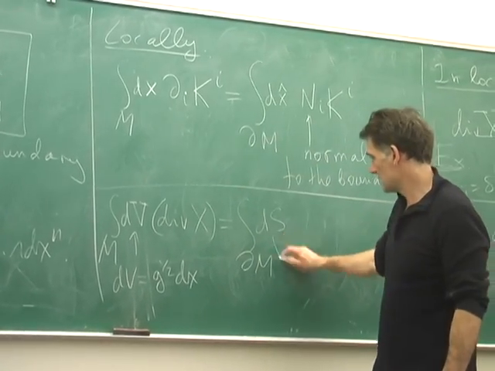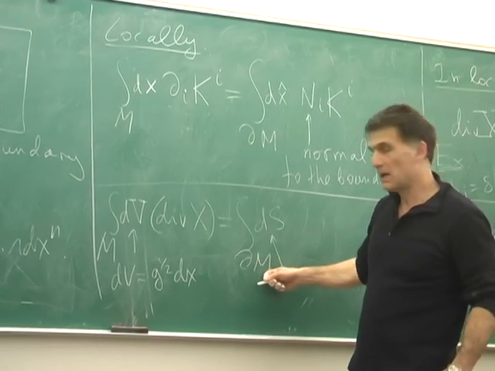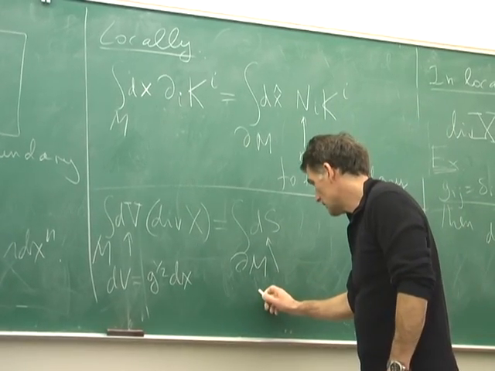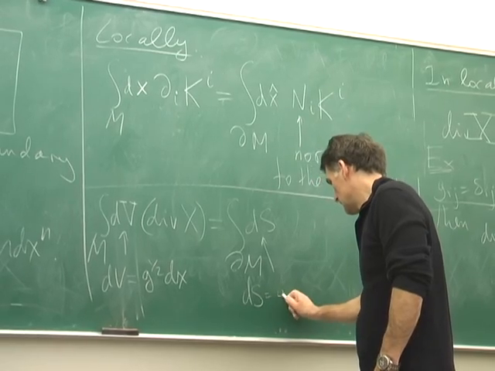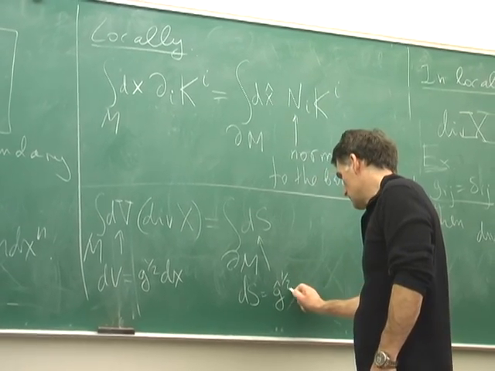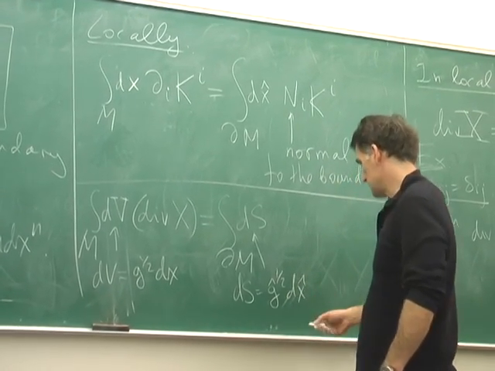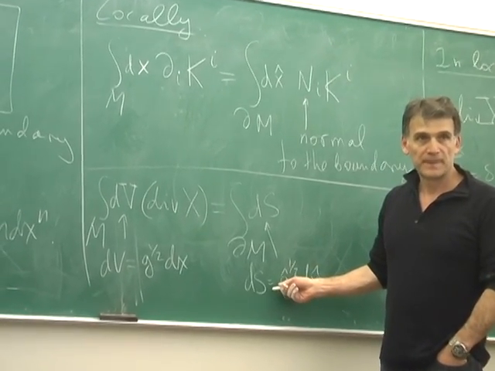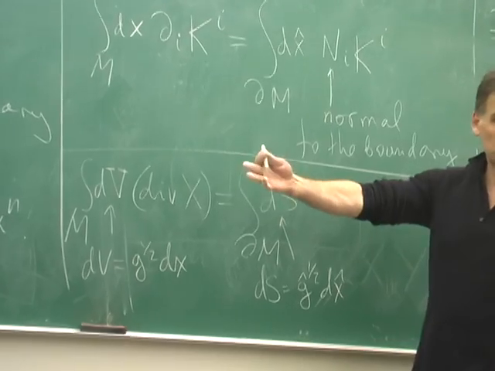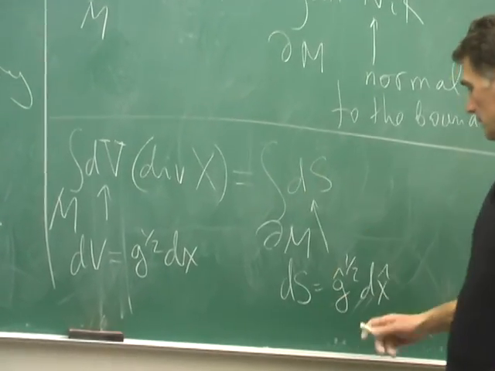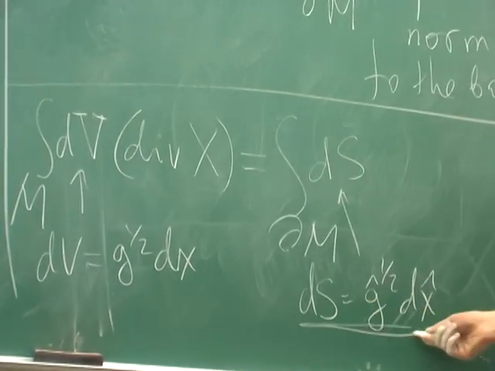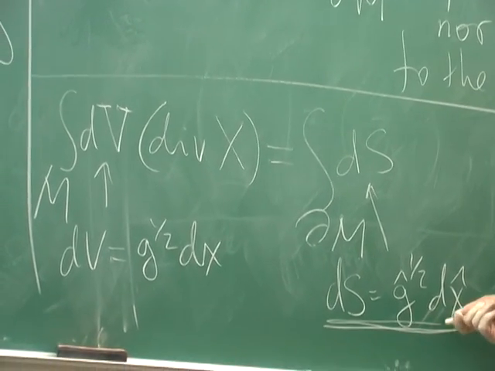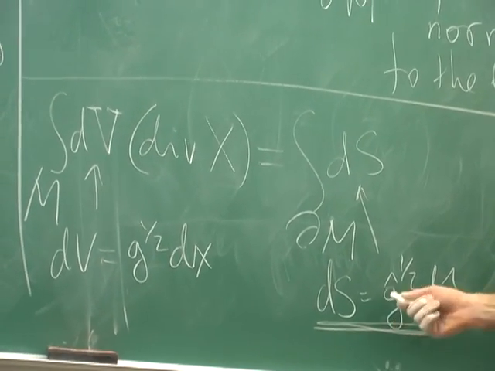What is this dS? Well, that's the volume on the boundary. So it is g hat to the 1/2 dx hat. This hat means that this is a metric on the boundary. It is the induced metric on the boundary. It's done exactly the same way. It's the Riemannian volume element on the boundary.